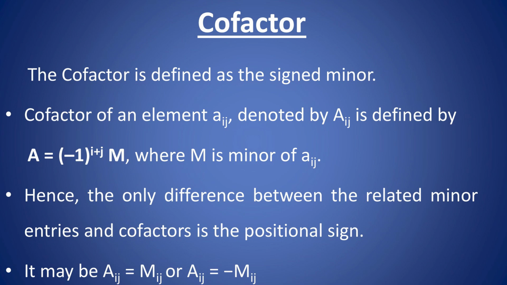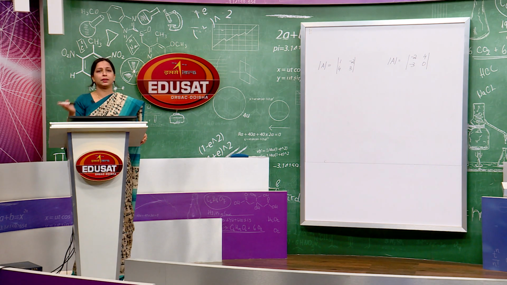Here M is the minor of a i j, the element that we are taking into consideration. Hence, the only difference between minor and cofactor of related entries is only the sign, right. So, it may be noted here that A i j equals M i j or A i j equals minus M i j. So, the value will be the same, but the sign of the element may change.